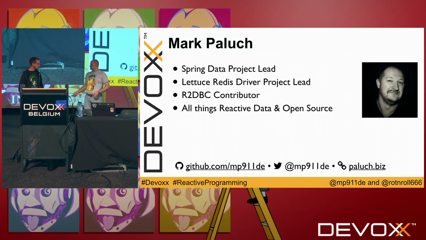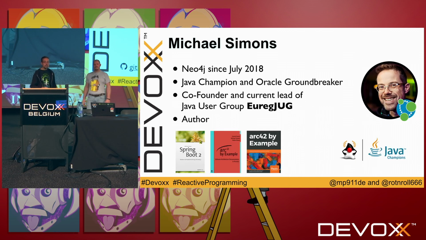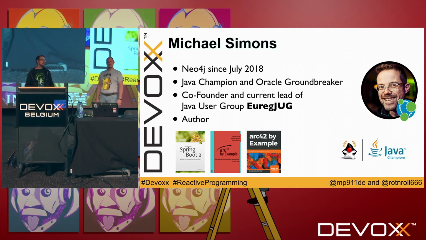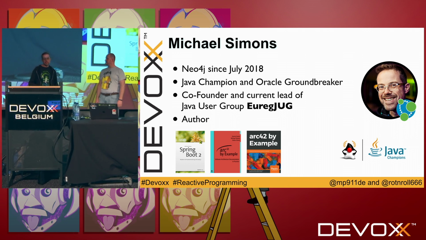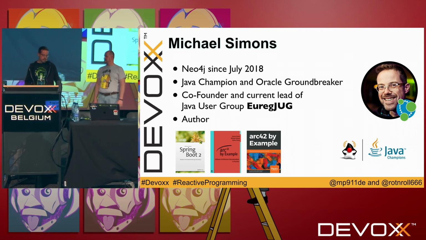And this is Michael. Yes. Hello everybody, welcome from my side as well. I work for Neo4j. In contrast to other things you heard, I'm not in developer relations. I'm an engineer at the Spring Data and drivers team at our company. I happen to also have written a couple of books, one about Spring Boot 2 and one about the Arc42 template. That's something you can document software architecture with.